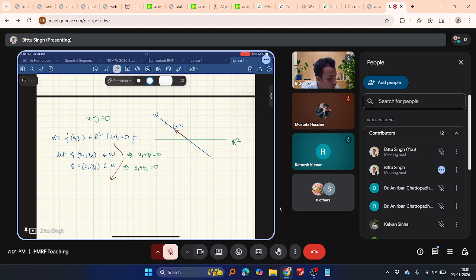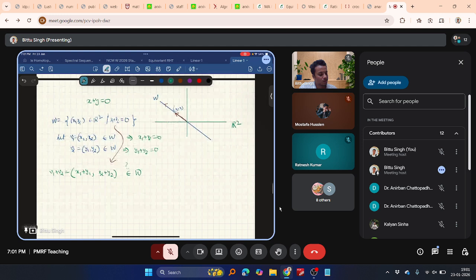Now the question is whether their addition, given by x1 plus y1 and x2 plus y2, also belongs to W. So let us check. We need to see whether their sum is 0 or not.